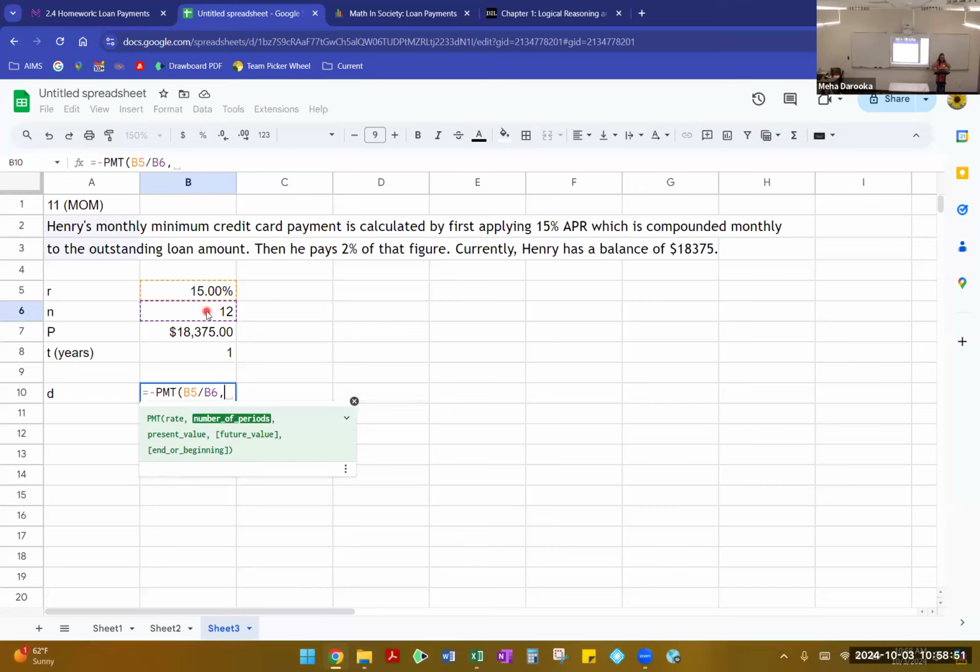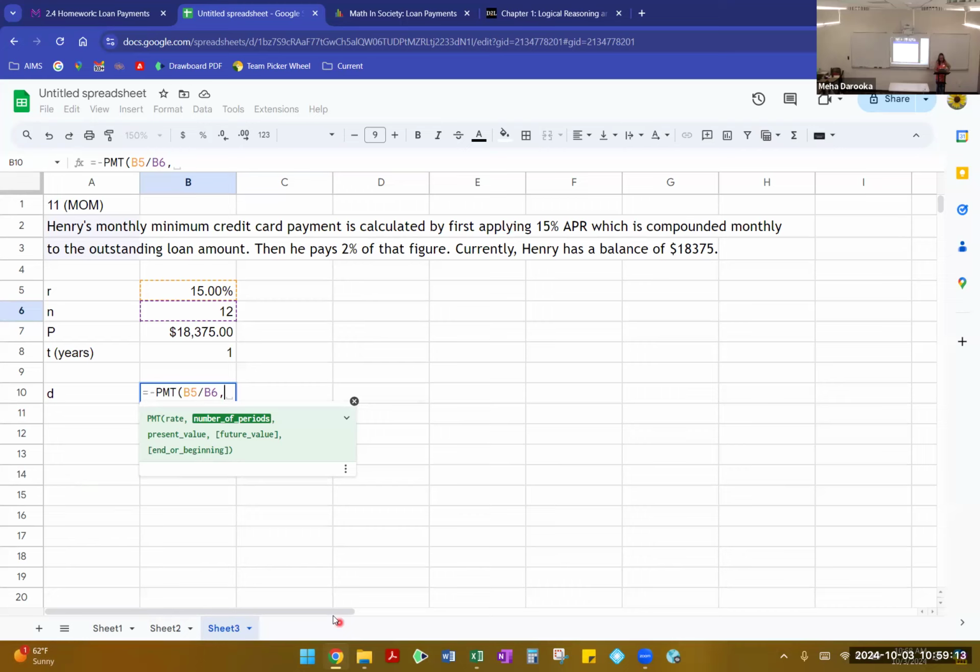Just 12 times one. What did we do in that credit card example? Usually we do N times T, right, but since T in this case is just one, it'd be 12.